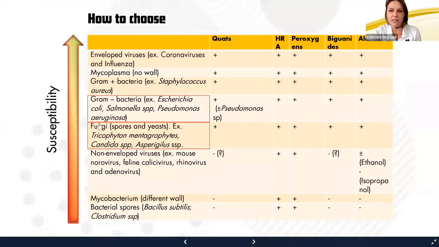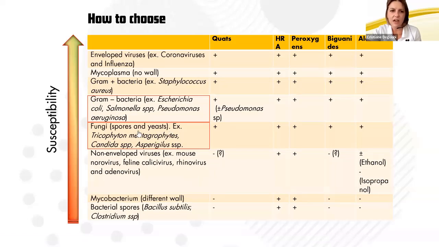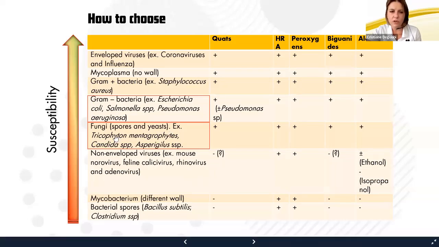Fungal spores are a little bit more difficult to fight than bacteria, as you can see here. The main ones that you're going to see products being tested against are Trichophyton mentagrophytes, which causes mycosis, okay? And as a yeast representative, usually Candida, especially Candida albicans, and as a fungus, Aspergillus species.